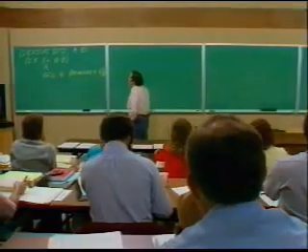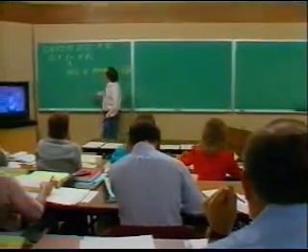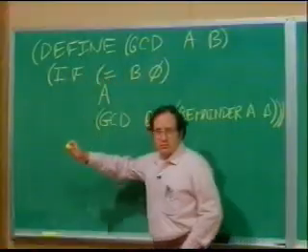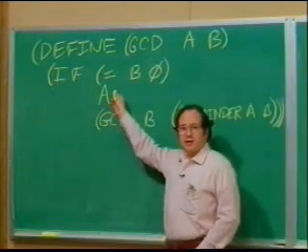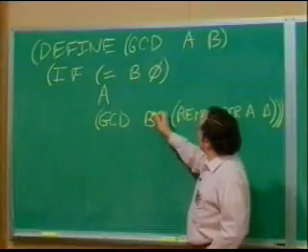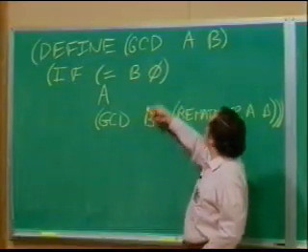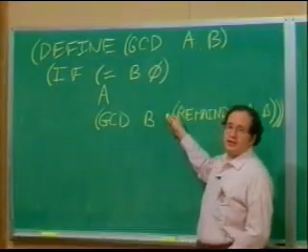And the way it works is that at every step, it determines whether B is 0. And if B is 0, we got the answer in A. Otherwise, we make another step where A is the old B, and B is the remainder of the old A divided by the old B.